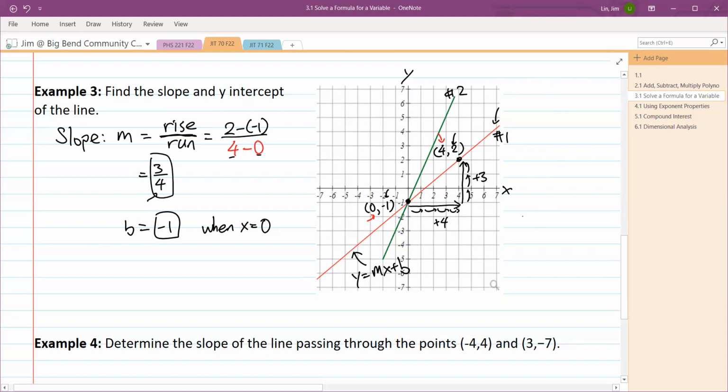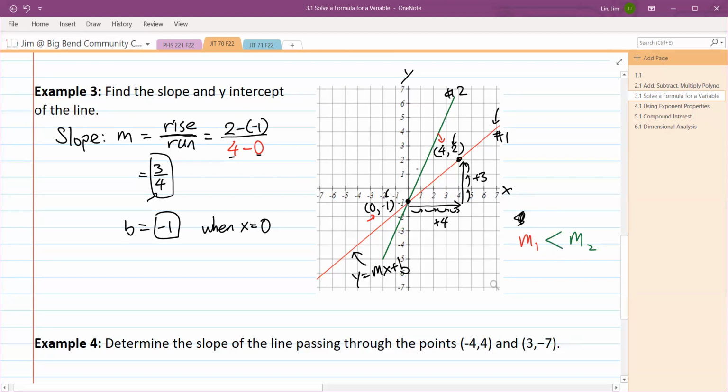Here's a question for you. How does the slope compare between these two lines? We have the slope m1 for the red line, and the slope m2 for the green line. So which slope is greater, m1 or m2?